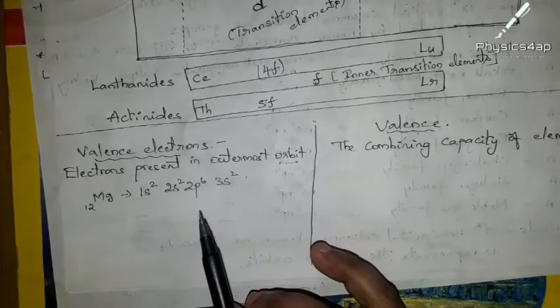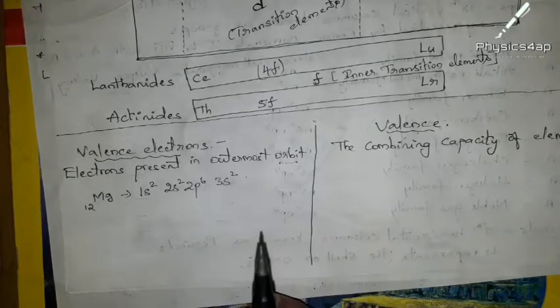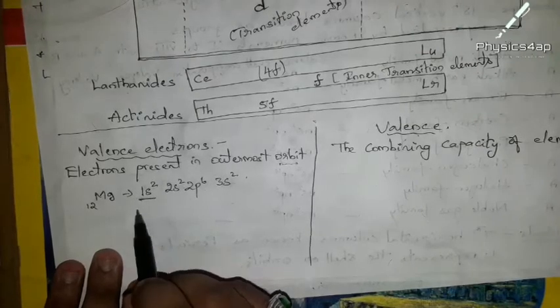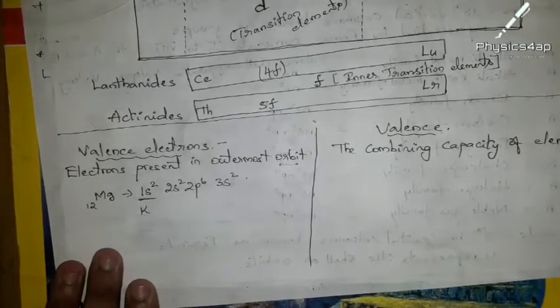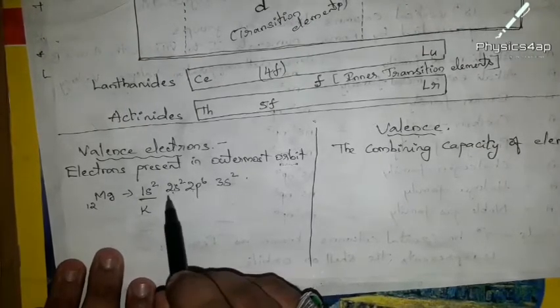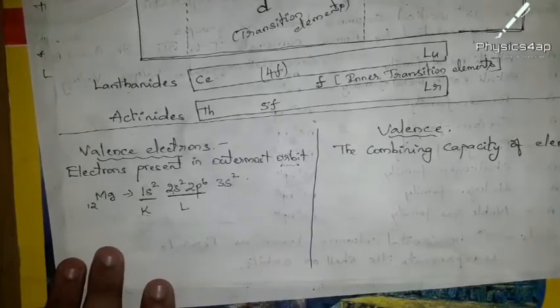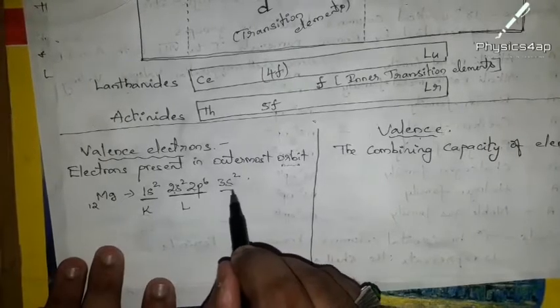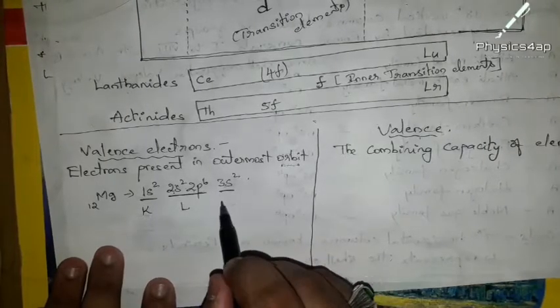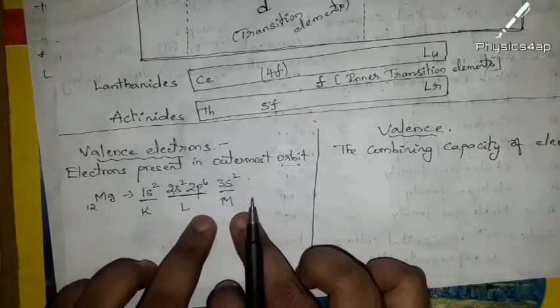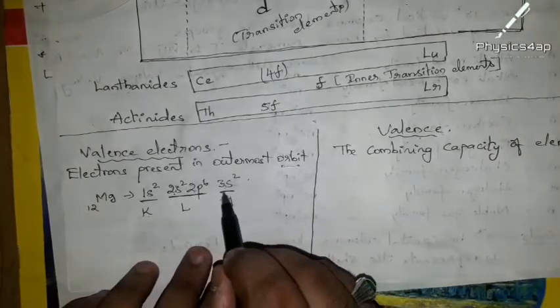Now which is the outermost orbit? If you see here, 1s belongs to the first orbit, that is the K shell, and 2s and 2p are the second orbit, which is the L shell, and 3s is the third orbit, which belongs to M. Now what is the number of electrons present in the third orbit?